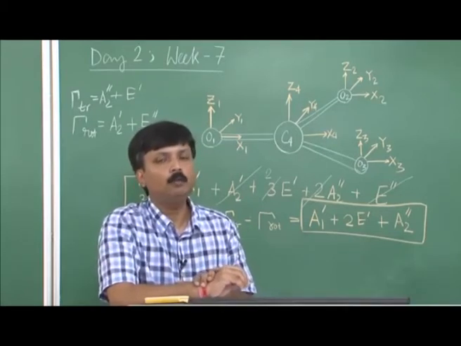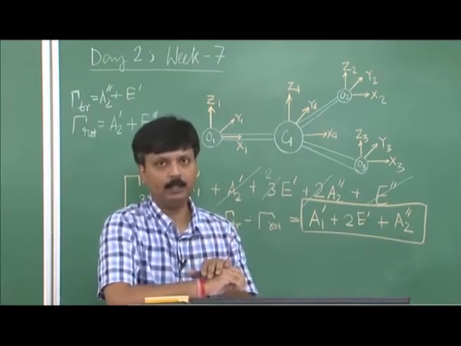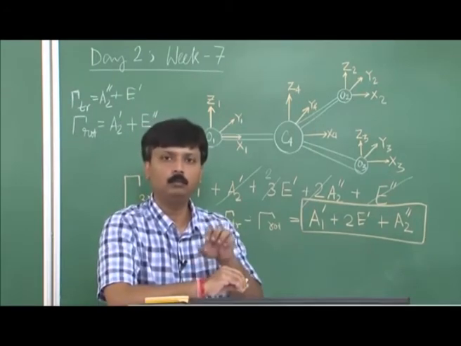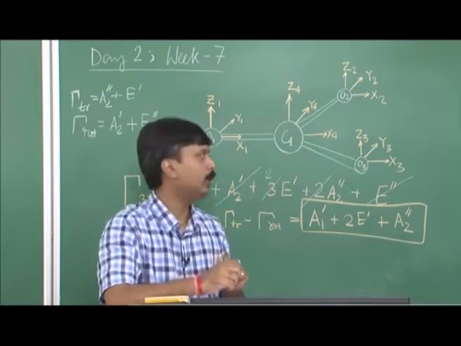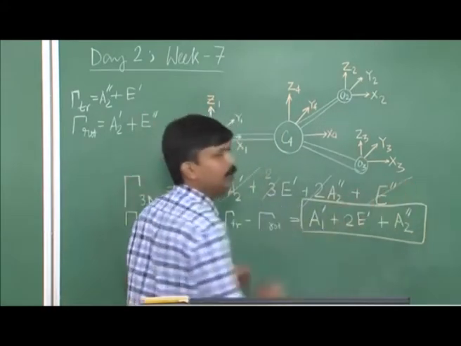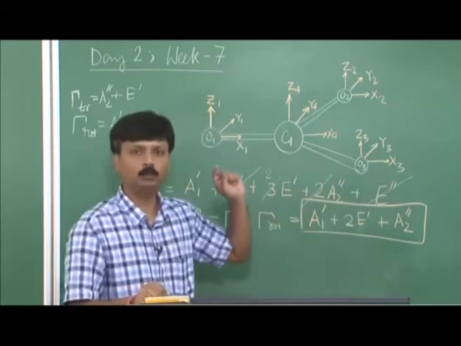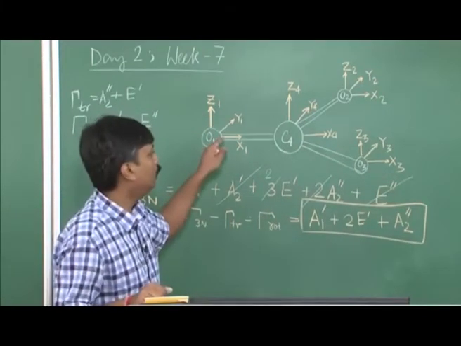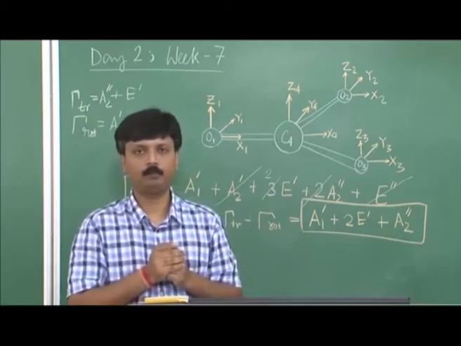If I have to assume something completely symmetric about this molecular vibration, what can I think of? I can think of a structure where all these atoms are stretched in equal amount in the same direction as their bonds. That means it's a symmetric stretching.